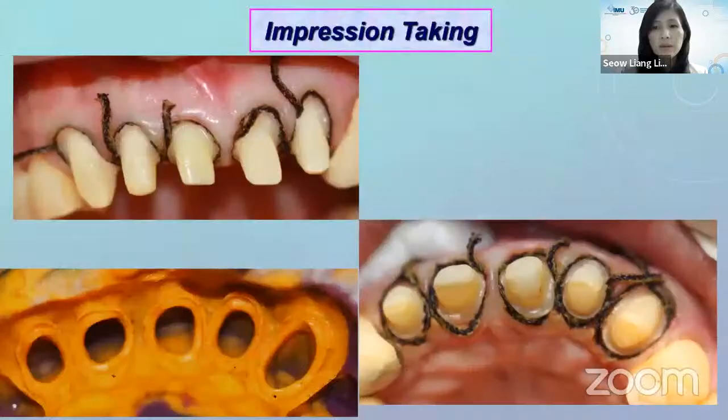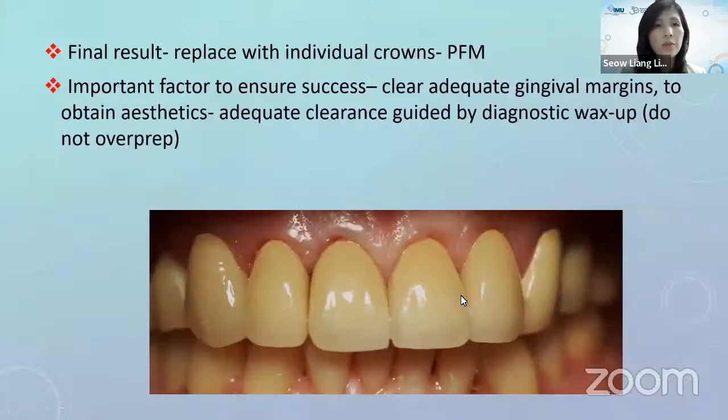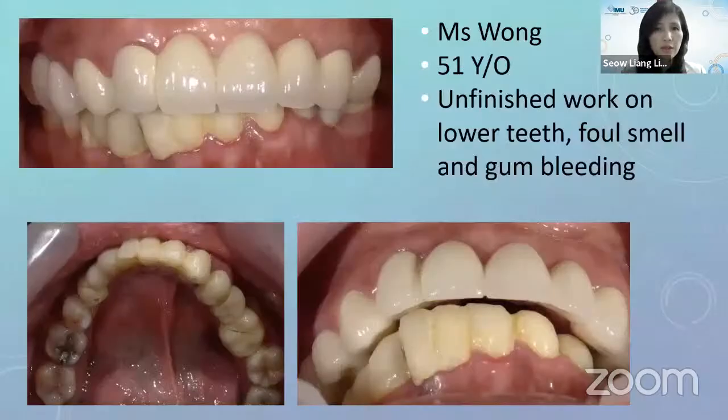After a few weeks, once the gingiva is healthy, you can see how healthy the gingiva is now. Then we take an impression and fabricate the prosthesis. Do not link the crowns unnecessarily, because it just complicates the matter of maintaining hygiene.